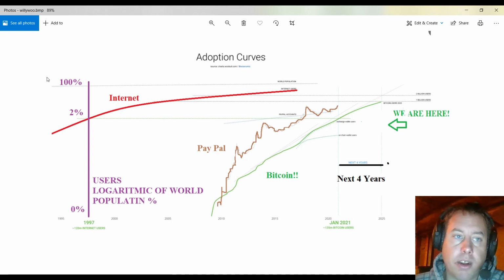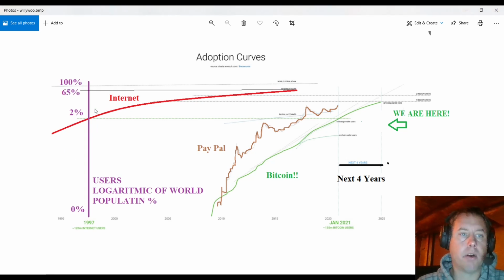He did not put the scale on the chart that he put on Twitter, but I put on a scale here, and I know that it was 2% of the people using internet in 1997. So we see the growth rate of internet users was about 60% year over year, and this is logarithmic. So now we're up at like 50-ish percent, I believe, or maybe it's a little bit more.